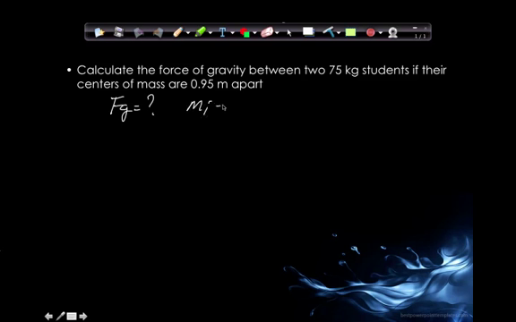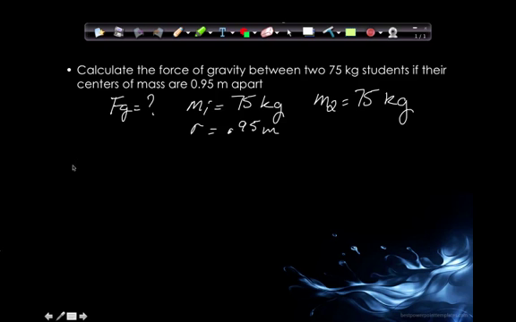The first object is 75 kilograms. And the second object is also 75 kilograms, so they each have a mass of 75. The distance they are from each other, in this case little r, is 0.95 meters.